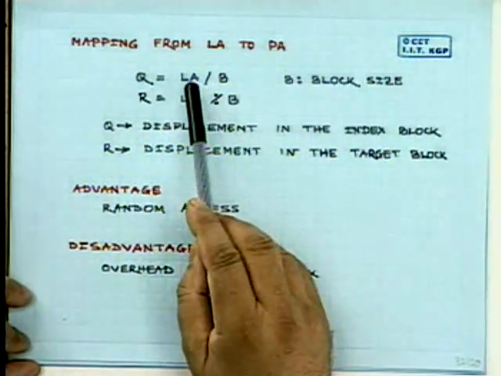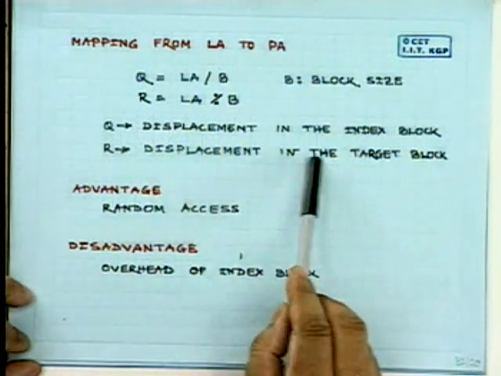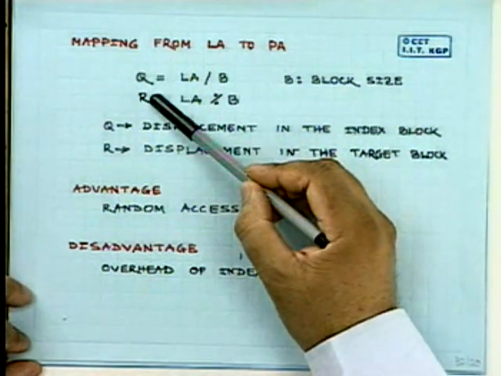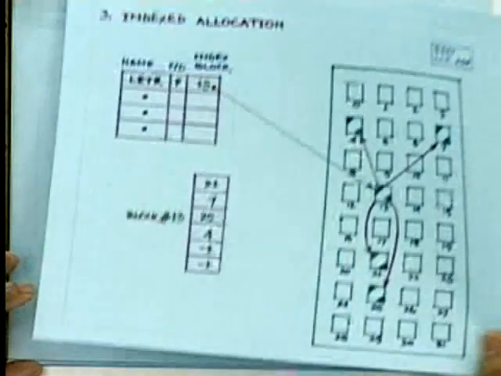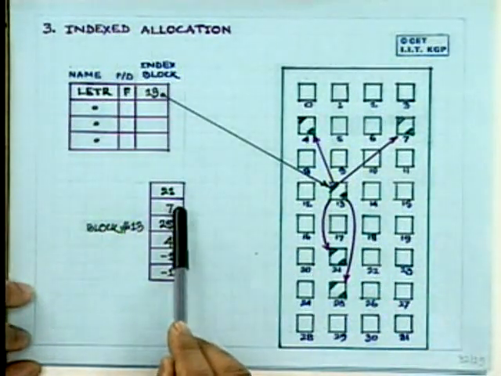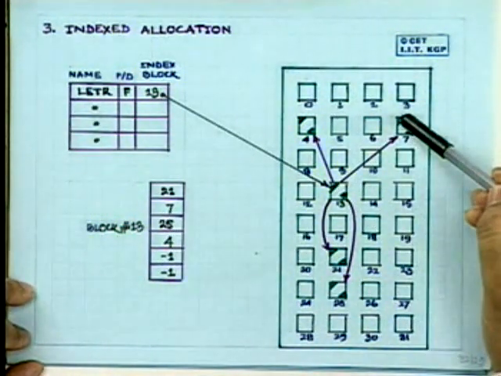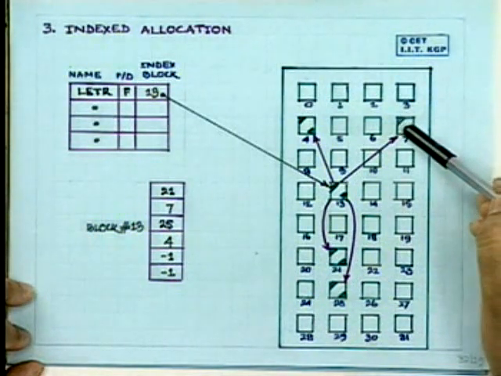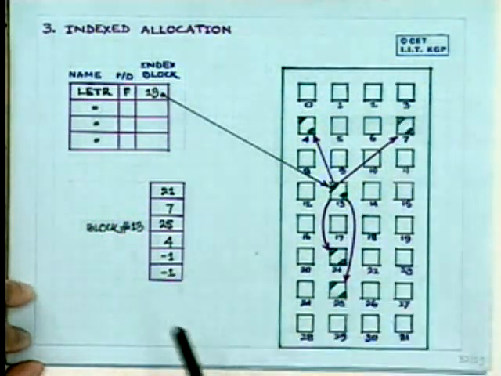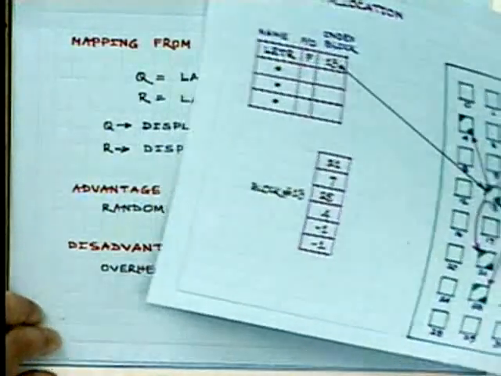That means the logical record will exist there, and R will give the displacement in the target block. For example, if Q is 1 and R is, say, 10, it essentially means that Q being 1 will map to physical block 7, at an offset of 10 from the beginning of the physical block 7. The logical record having that logical address will be found. Therefore this is the mapping that will be used in this case.